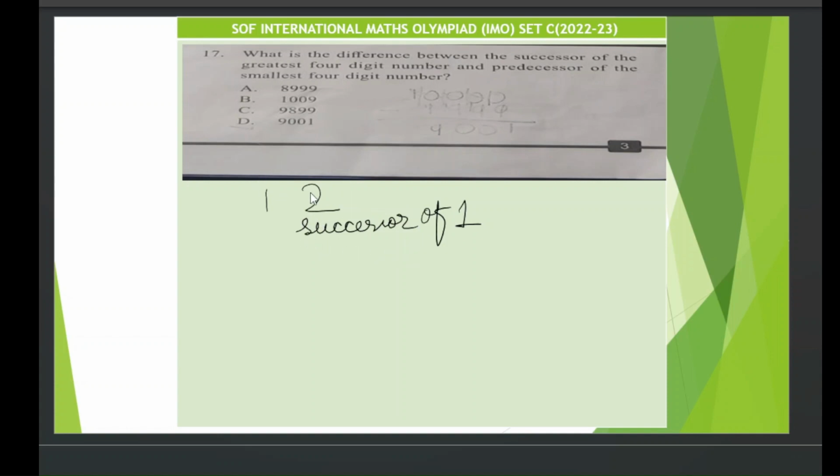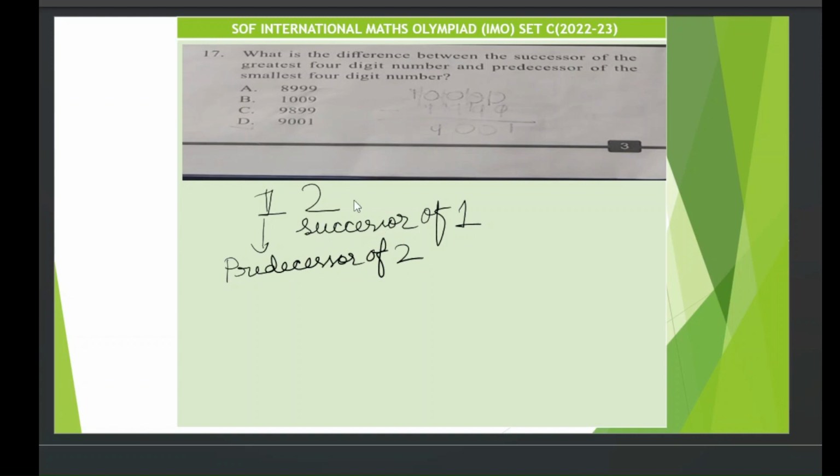What comes before 2? Number 1 comes before 2. So this is the predecessor. It precedes. Wherever the word pre is used, it means before. So 1 is the predecessor of 2. I hope I'm clear with what is successor and predecessor.